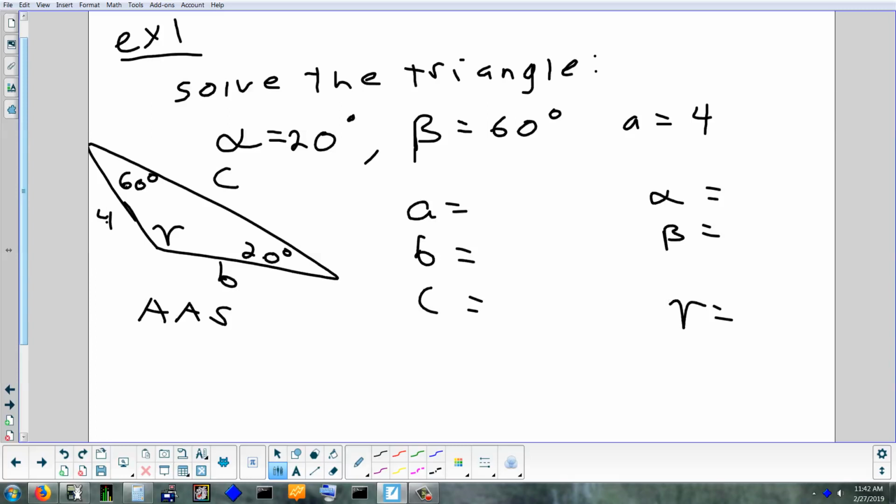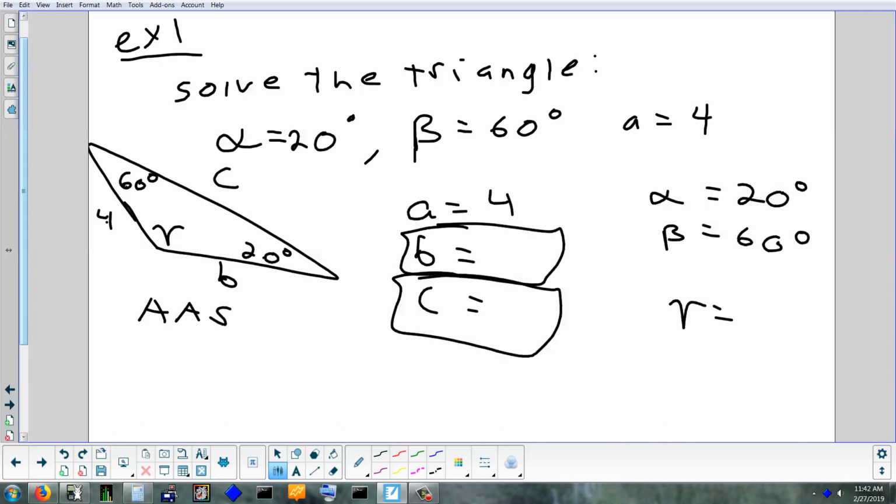All right, so we know alpha, we know beta, and we know A. We don't know B, we don't know C, we don't know gamma. Now, when you're looking at the table, if you have a row that's full, that's another way to tell that you use law of sines without making a picture. Our first row is full. So when you have a full row, that means it's law of sines.